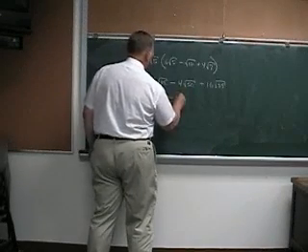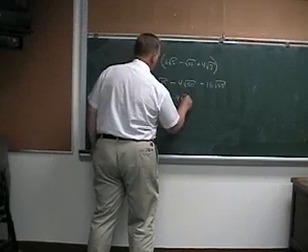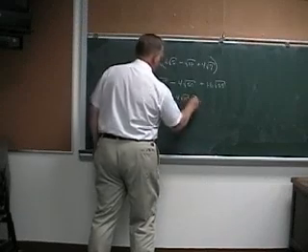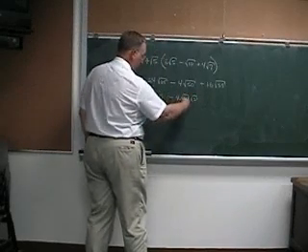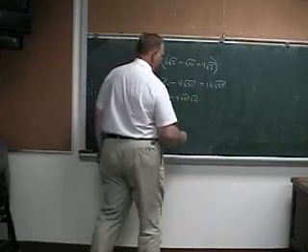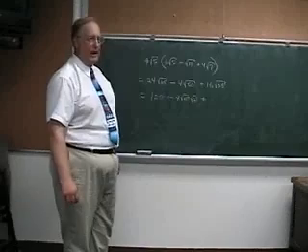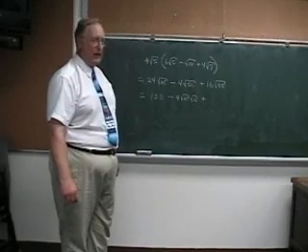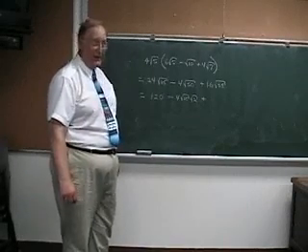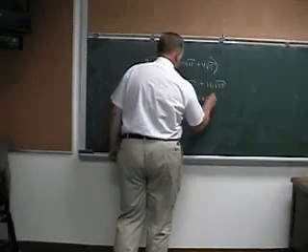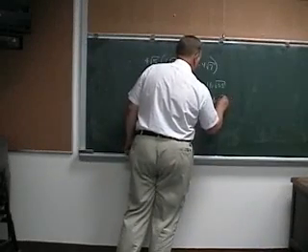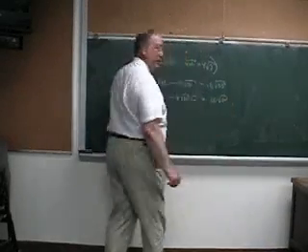So we have negative 4 times the square root of 25 times the square root of 2. And we'll come back and take care of that square root of 25 in a minute. And this square root of 35, I don't know where that came from. That can't be simplified, and that's just an ugly looking thing. So we need to leave that alone. It's one of those we just can't do anything with.